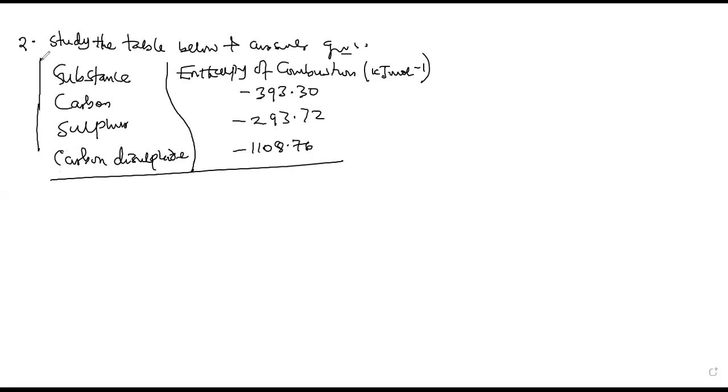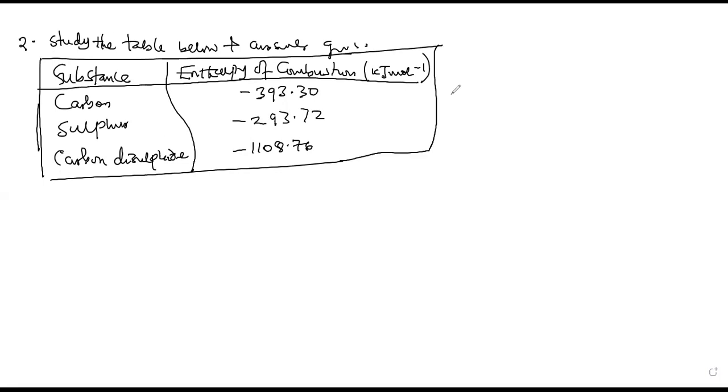So this is my table, and I want to see how we can use the table to calculate. The question is: calculate the enthalpy of formation of carbon disulfide.